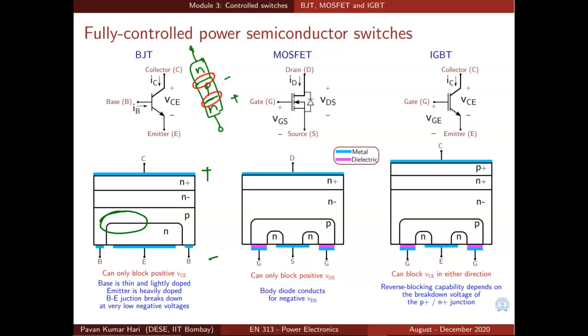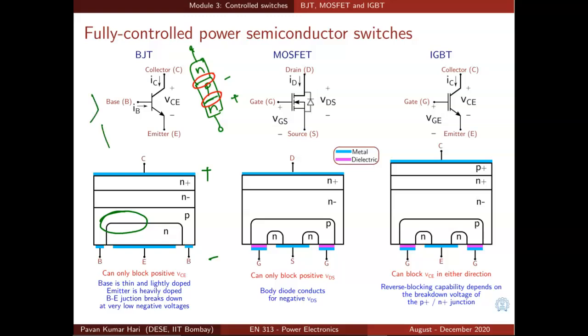Because of that, the base emitter junction will have lesser voltage blocking capability. In fact, it will be negligible when compared to the other collector base junction. So that is why BJT can block voltage in only one direction, that is, only positive VCE can be blocked by BJT. This is a very interesting point to note.